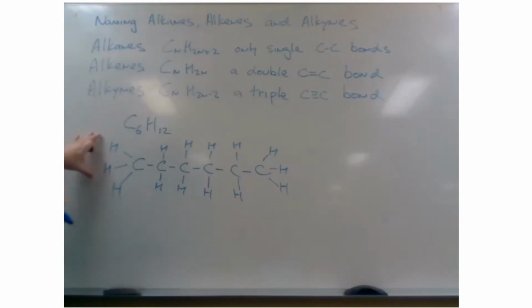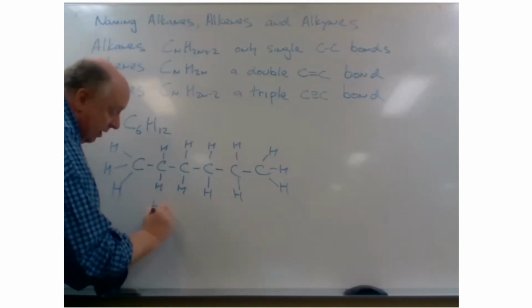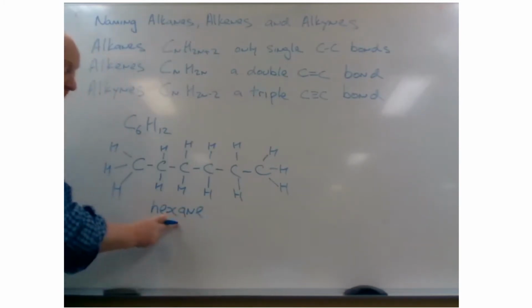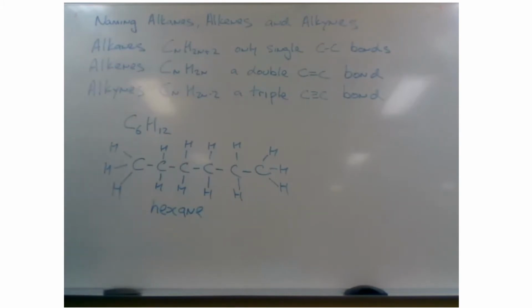Now, if you count these hydrogens, as I'm sure you're doing at home, you'll see that this isn't actually the formula C6H12, it's C6H14. This is the alkane. What will we name this? Count the carbons, 6. So the prefix is hex, and the suffix is ane because it's an alkane, hexane.